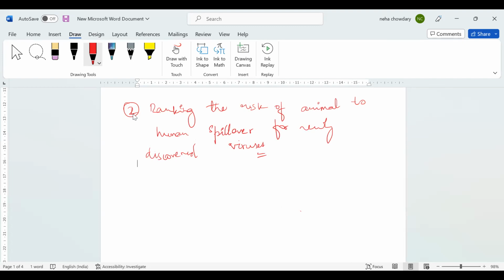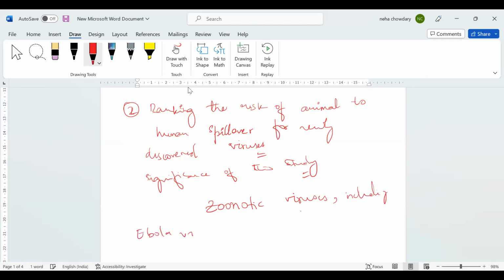So the significance of this study was to get to know about the recent emergence and spread of zoonotic viruses, including Ebola viruses and severe acute respiratory syndrome, that is nothing but coronavirus 2.